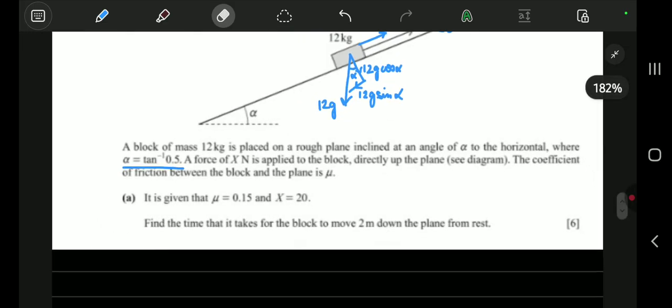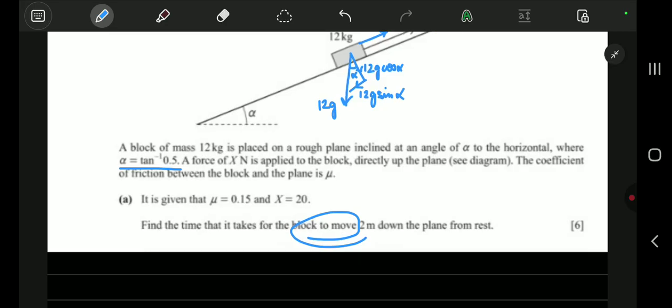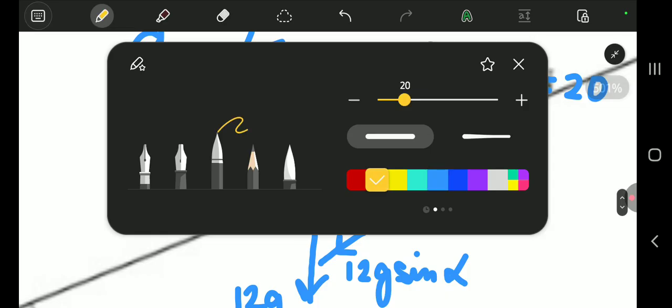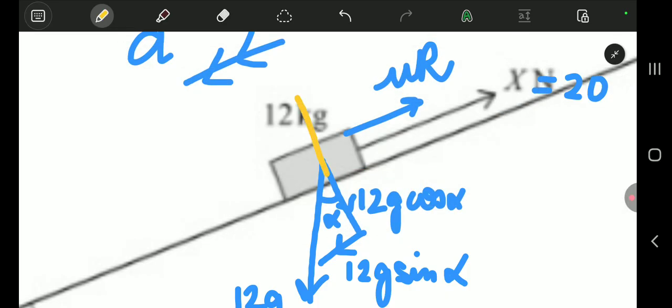Now when the body moves, you are supposed to apply forward minus backward equals ma. That means the forward forces minus the backward forces should equal ma. Also, there is one more thing: at the point of contact there is always a normal reaction force.